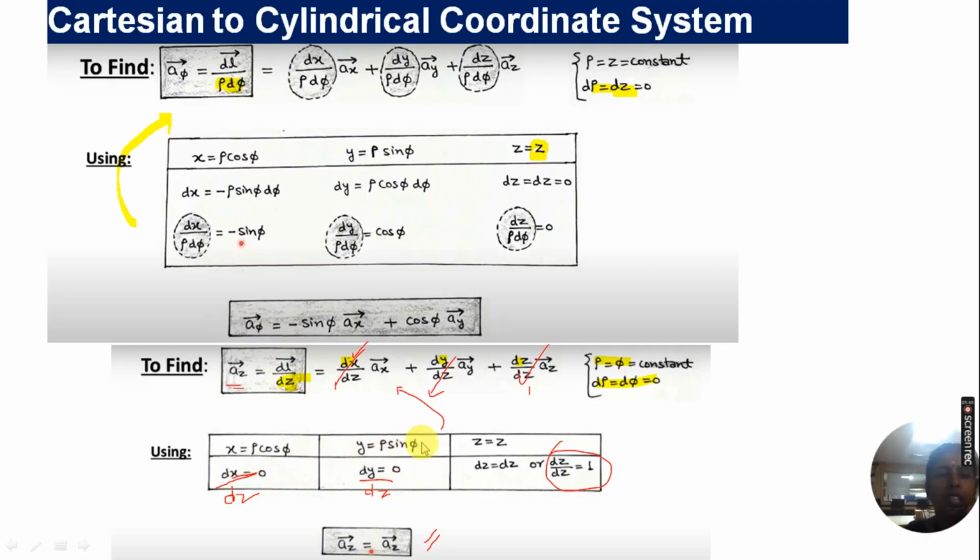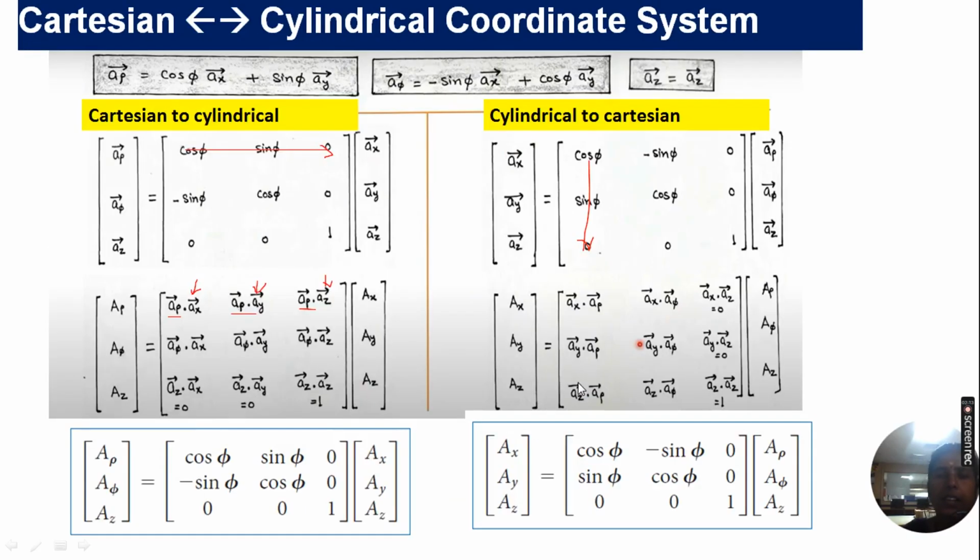Similarly for y also there is no z term, so differentiation of y with respect to z turns out to be 0. But here there is a z term, so differentiation with respect to z I will get 1. If I substitute these values in the above expression, the first two terms get cancelled and only this component will remain, that is az cap.